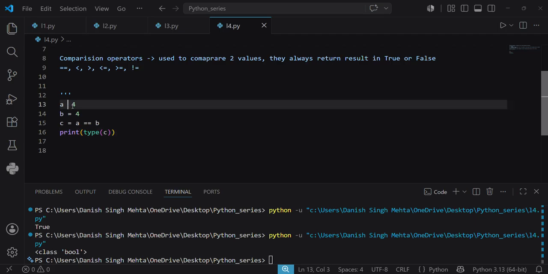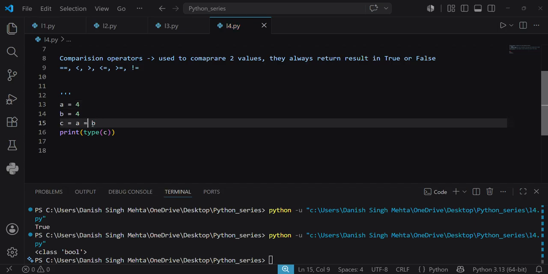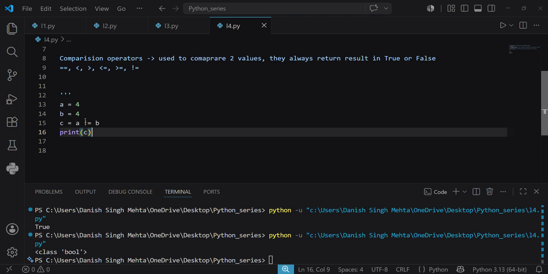Similarly, if I write here not equal to, so what will be the result here? This is basically a symbol of not equal to, telling that A and B are not equal to each other.